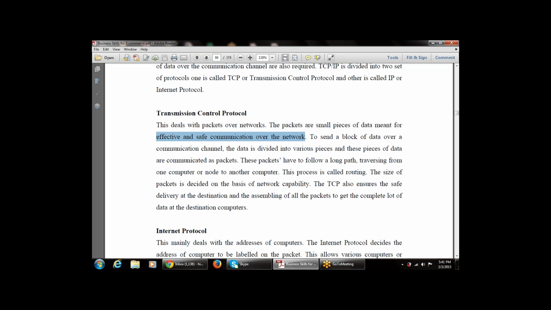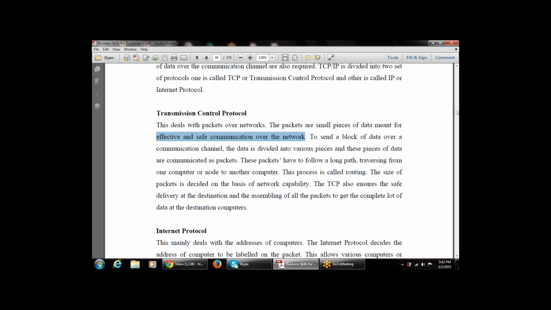So whenever we use TCP, the data is divided into multiple parts, known as packets, and then the packets travel through the long path, from one computer to another computer, one node to another node. That process is known as routing.